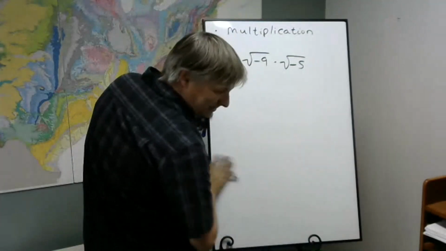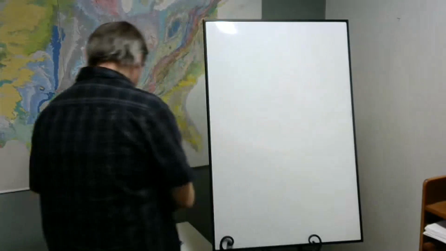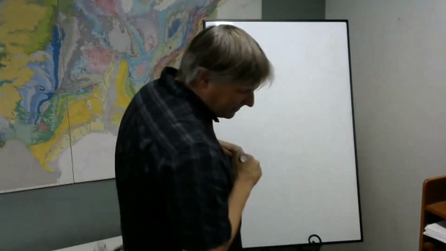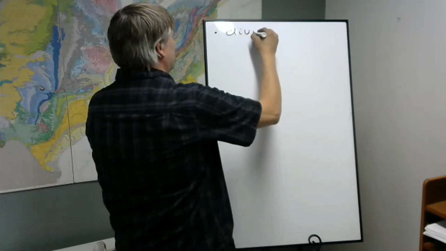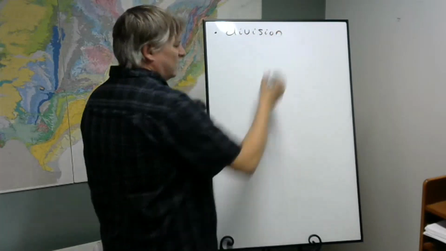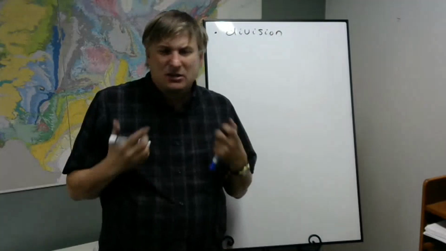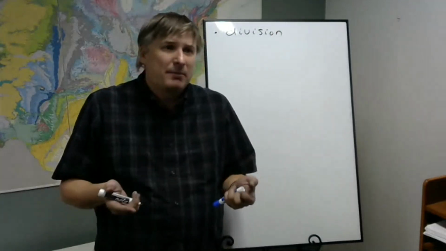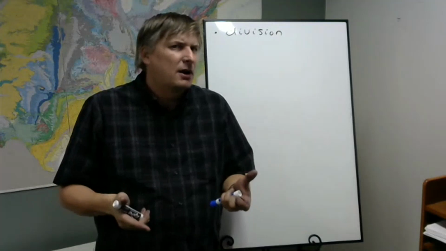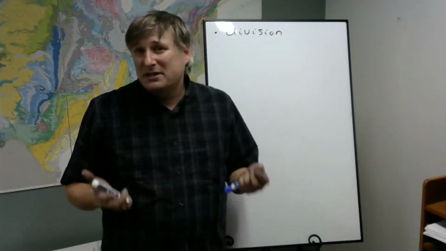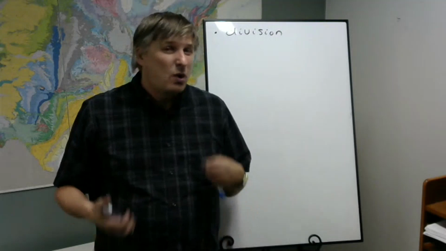So the last thing to mention in this section is division. And the key thing with division, just like we don't typically like radicals in the denominator, we tend to rationalize denominators, sometimes numerators, but mostly denominators. It's very common. We don't want to see i's in the denominator either. So we want to get rid of them.